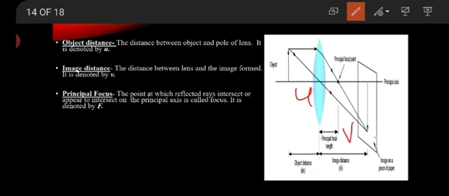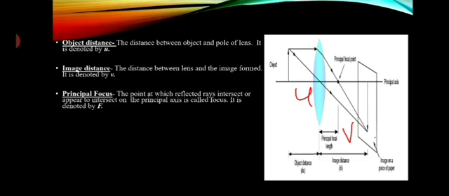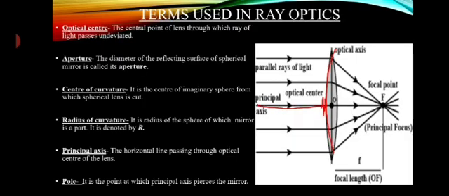Next is the principal focus, which is the point at which rays intersect or appear to intersect on the principal axis. Let us consider the earlier example. Here you can see the parallel rays of light being focused or converged at a point which is called the principal focus.